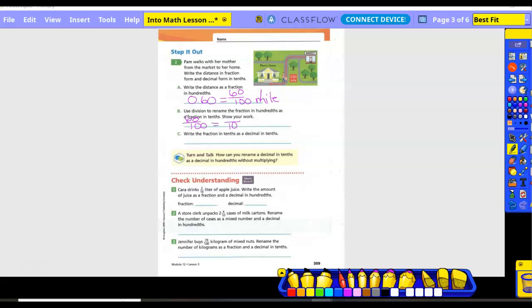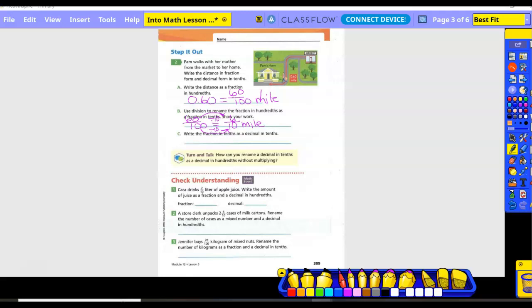So how do I get from 100 to 10? Divide by 10. What I do on the bottom, I do on the top. So what is 60 divided by 10? 6. So our new fraction is 6/10 of a mile.